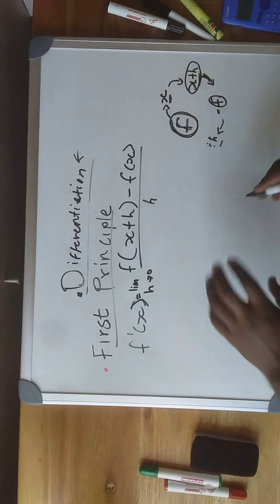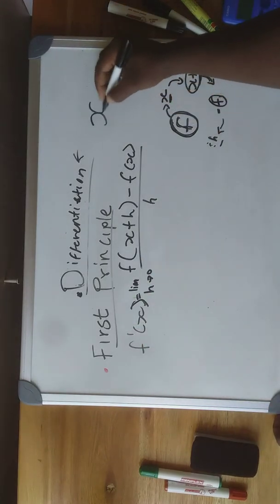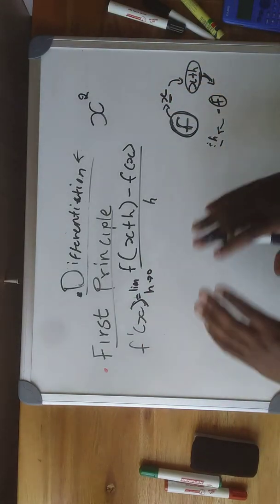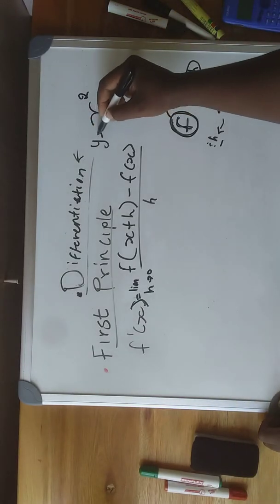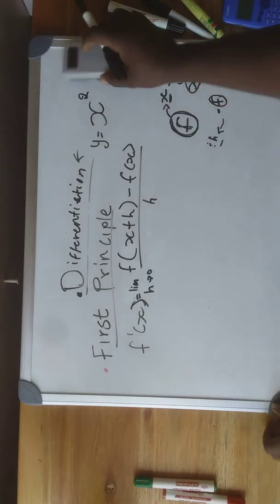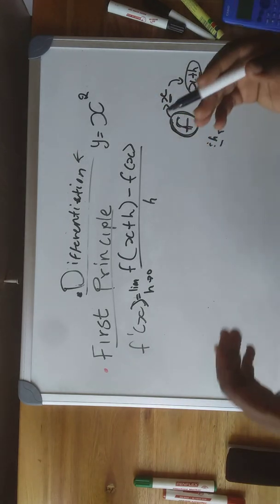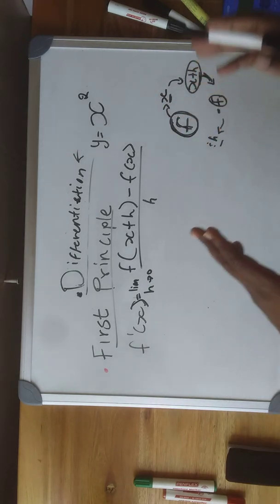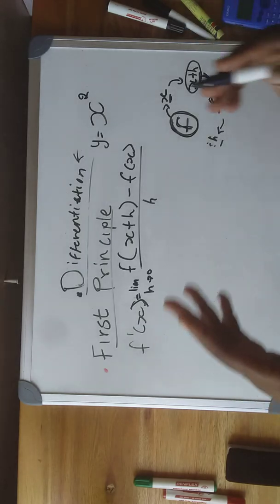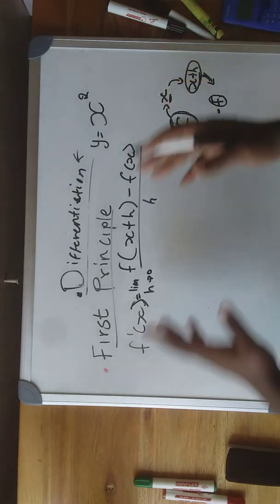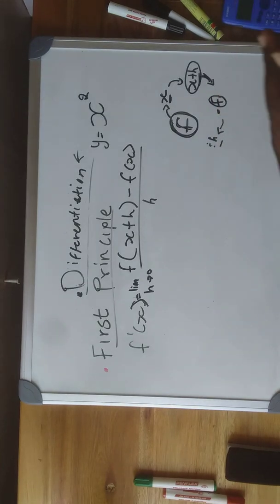So let's just say we have y is equal to x squared, and now you have to differentiate it. We know you take the exponent, you multiply it by the base, you subtract the exponent by 1.